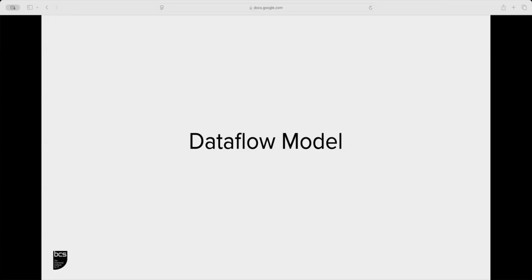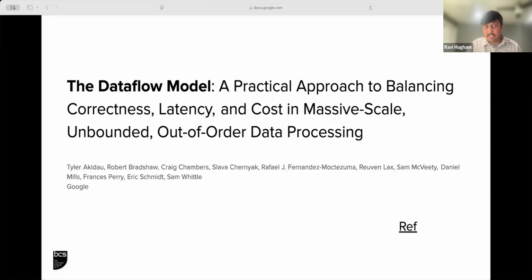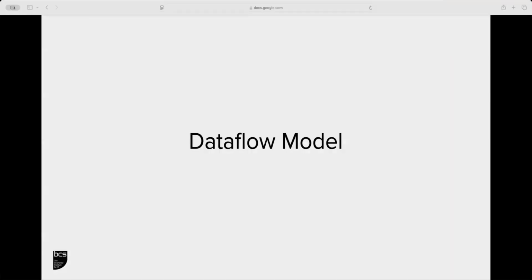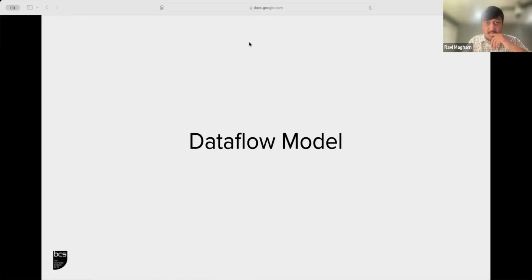Ravi, we can't see your slides. Sorry? We can't see the slides, the presentation. Oh, that's interesting. Do you see that now, David? We can see you, but not the slides. You want to try resharing? Okay, I'll stop sharing and then try to reshare again.